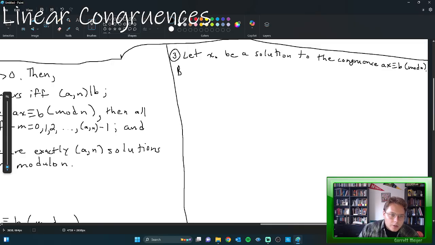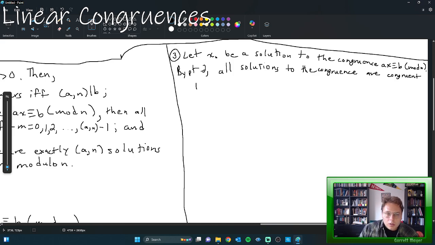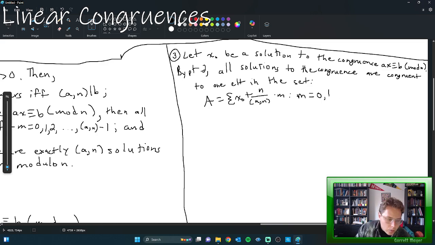And then by part 2, all solutions to the congruence are congruent to one element in the set A equals x naught plus n over GCD of A and N times m, where m equals 0, 1, 2, up to GCD of A and N minus 1. Okay, so that's that.